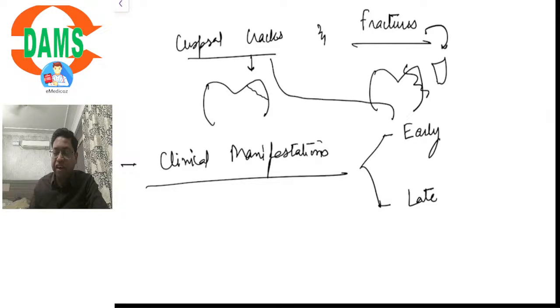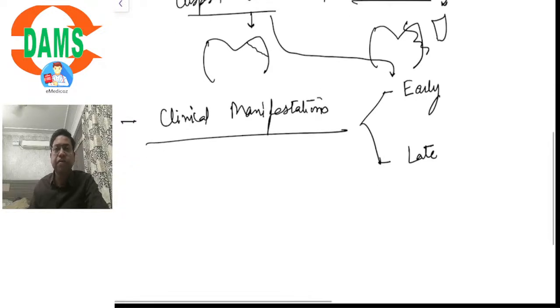Firstly, we talk about the cracks, which are incomplete tooth structure defects extending to the enamel and dentine without any subsequent loss of tooth structure. Then the early manifestations include the most common symptom, which is pain on mastication.